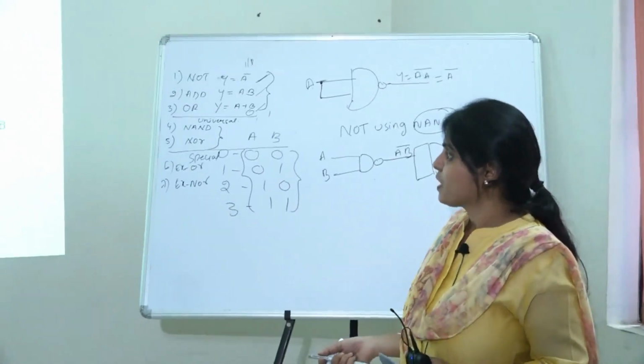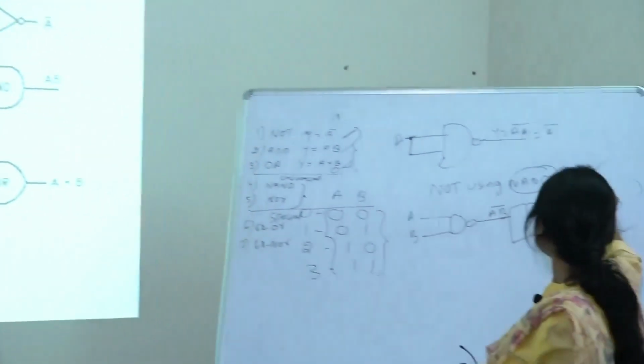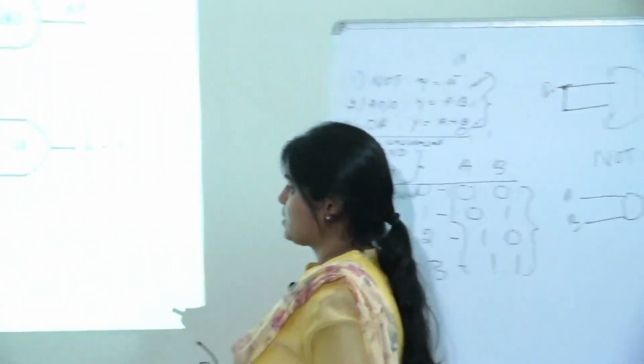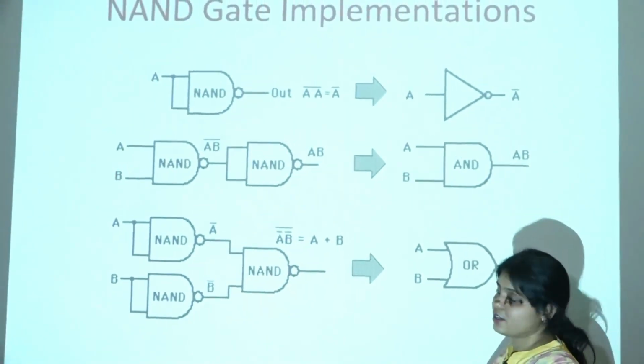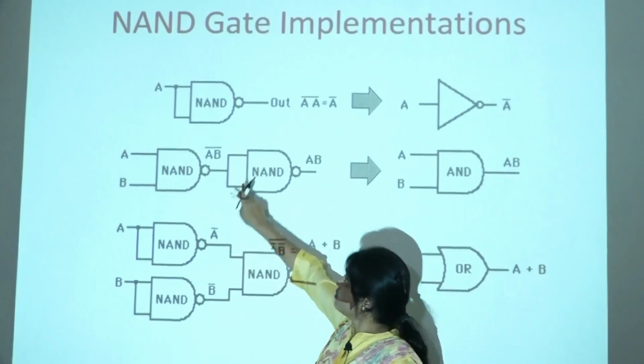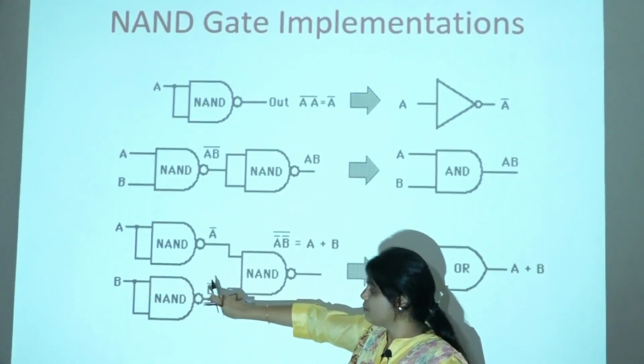Now look into the third operation. I want to design the OR gate. So what do I do? Look at this. I have taken 3 NAND gates here. The first NAND gate is shorted, and the output will be A bar, like what we have seen. The second NAND gate, with B input shorted, gives B bar.